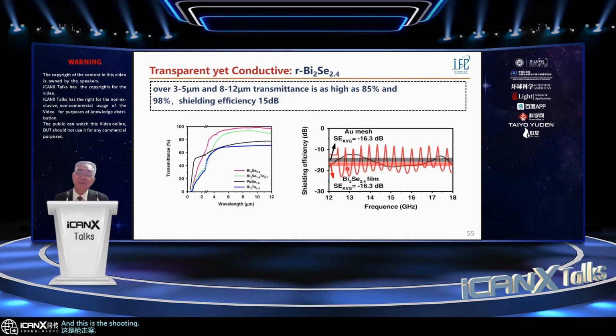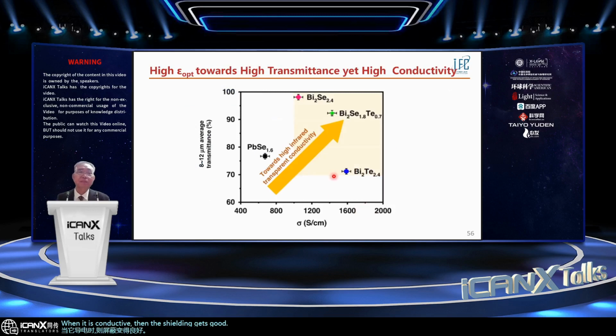When it is conductive, then the shielding gets good. So finally, we obtained high epsilon towards high transmittance, yet high conductivity. Here is conductivity, here is transmittance, and it goes up from left lower corner to upper right corner. This is exactly what we want to see.